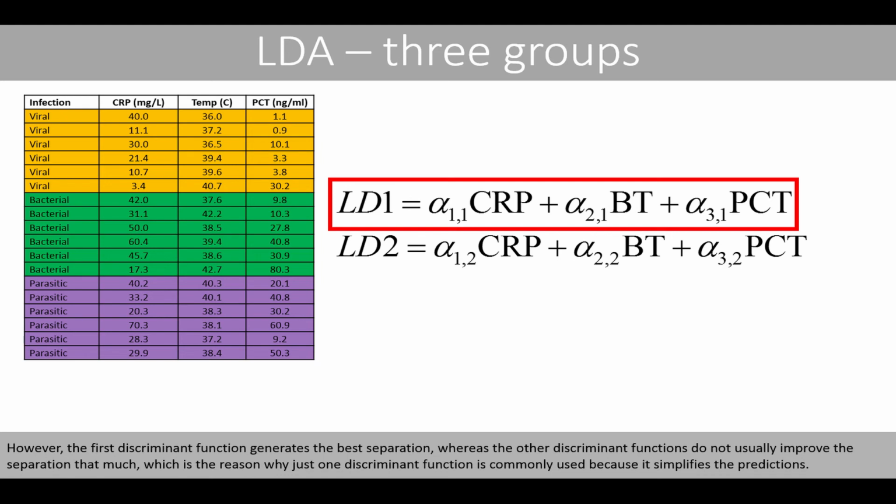However, the first discriminant function generates the best separation, whereas the other discriminant functions do not usually improve the separation that much, which is the reason why just one discriminant function is commonly used, because it simplifies the predictions.